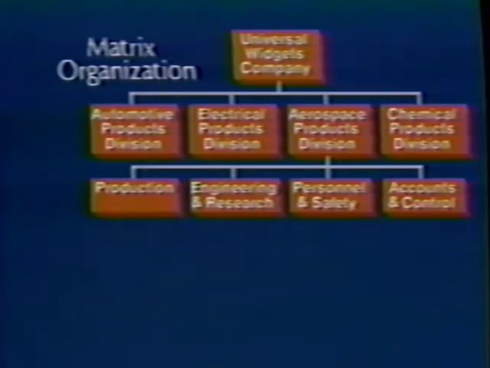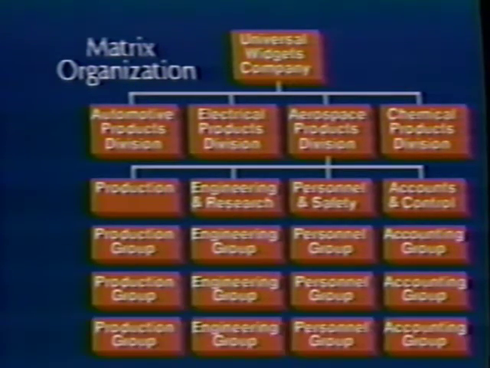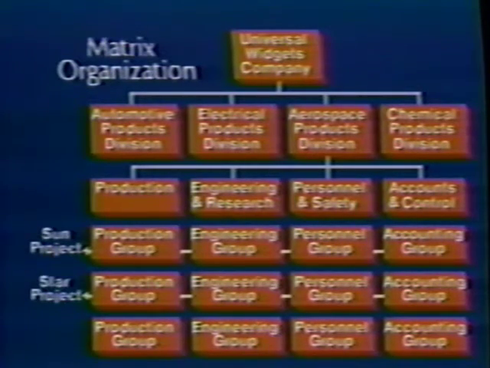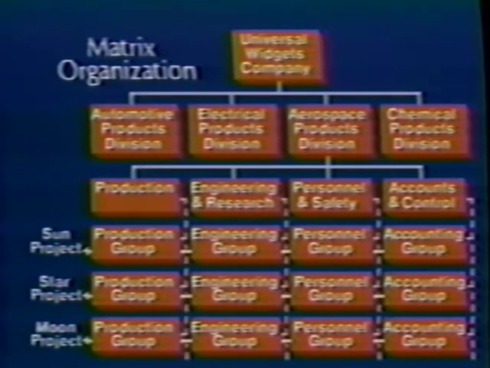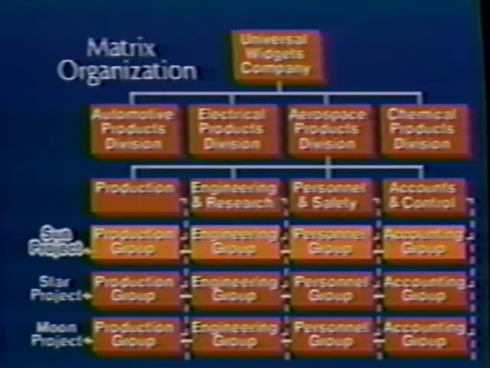However, the final structure, the matrix organization, is used more and more these days. It is project-oriented. A team of experts are brought together from different parts of the company in order to complete a specific project. For example, people from engineering, accounting, production, personnel might form a project team working together under a manager. Then when the project is completed, the team is dissolved and members sent back to their original departments.